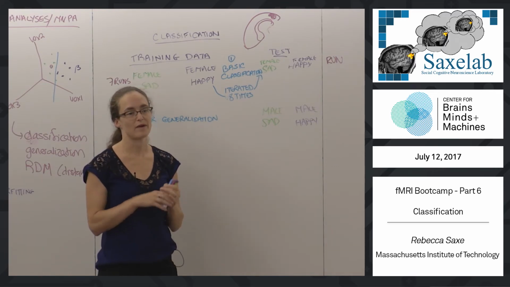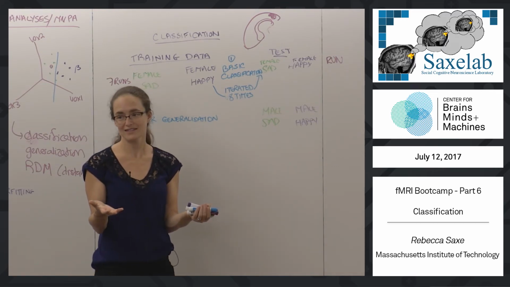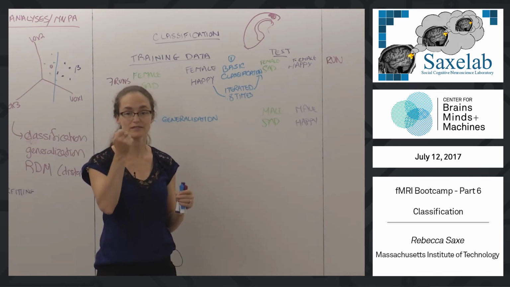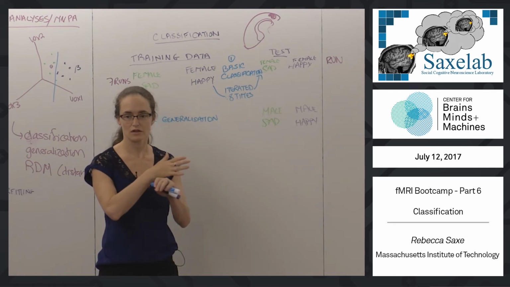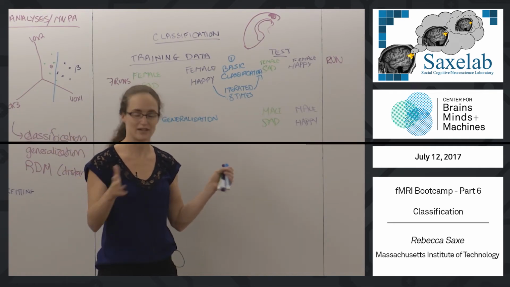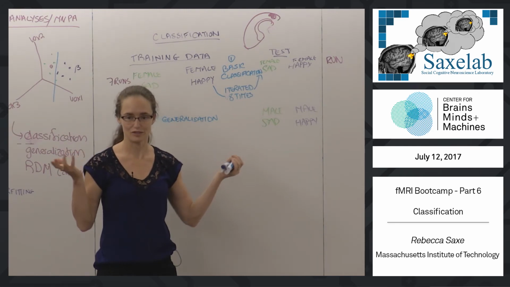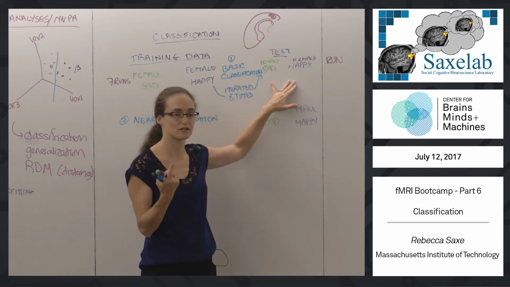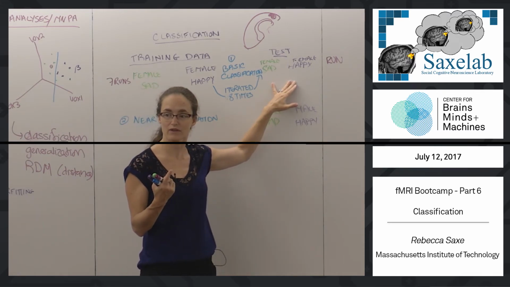These choices about what is the unit of analysis, betas for runs or single trials, are options that different groups are using. They have different advantages and disadvantages. So another option here is to test on single trial responses rather than runs.